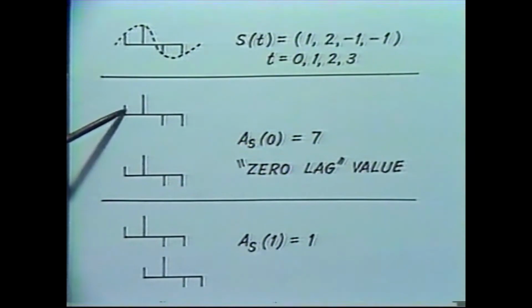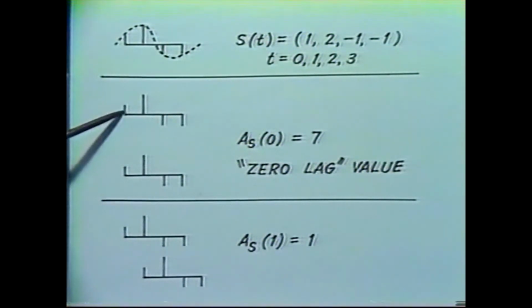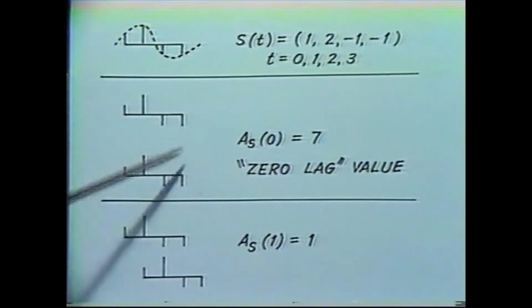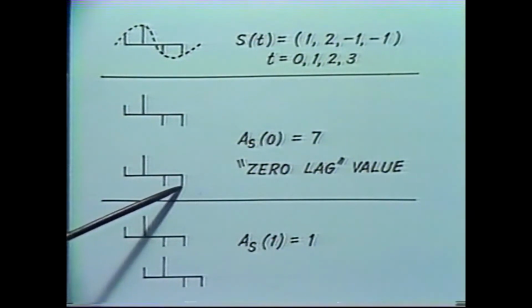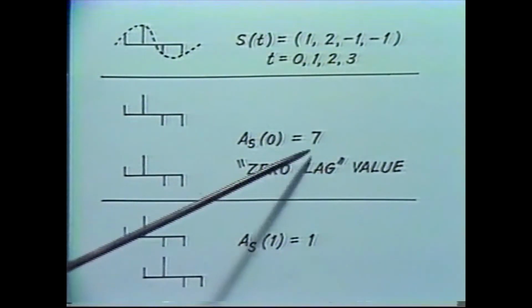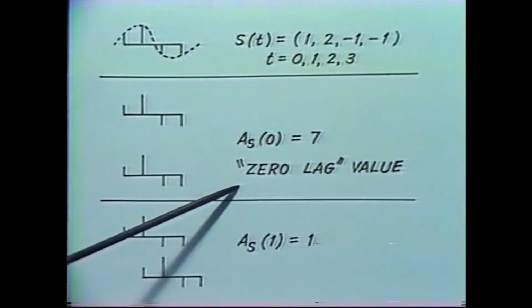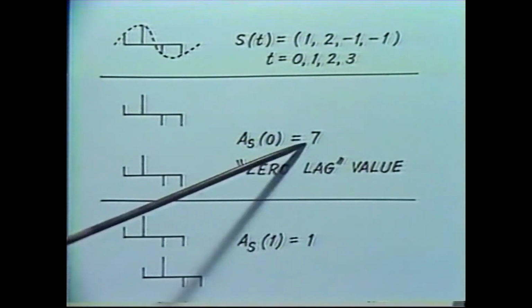If we cross multiply each sample value, 1 times 1 plus 2 times 2 plus -1 times -1 plus -1 times -1, the resulting sum is 7. So the zero lag autocorrelation value for this trace segment is 7.